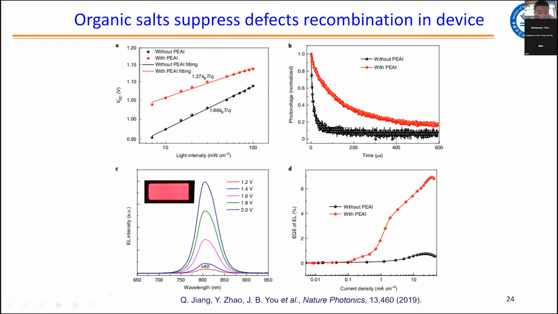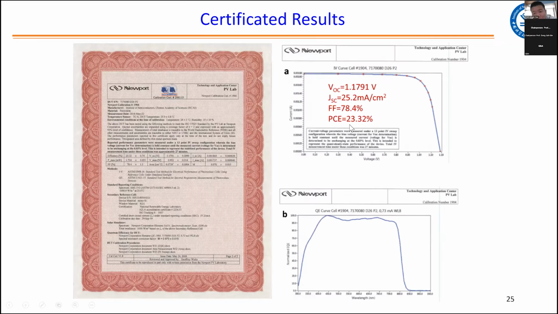Because it is related to radiative recombination. If there are defects in the perovskite film, the radiative recombination will be reduced and the non-radiative recombination will increase, so the emission efficiency should go down. We can use this method to confirm the defect-related recombination has been suppressed. At that time we got a 23.3% certified efficiency.